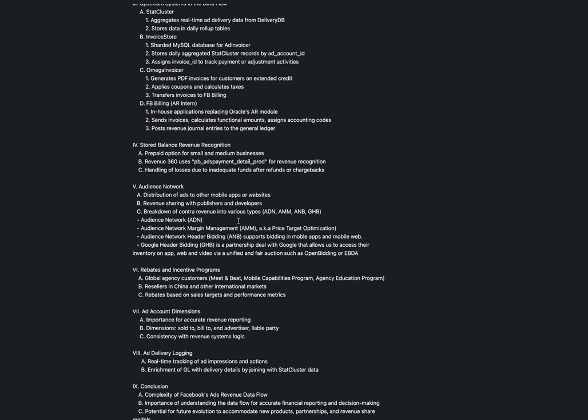So we had incentives just for that. And then we have the agency education program, and this is where we give incentives whenever someone learns how to use our tooling, so that's useful. So instead of, say, using Google, right? We want to look at that.